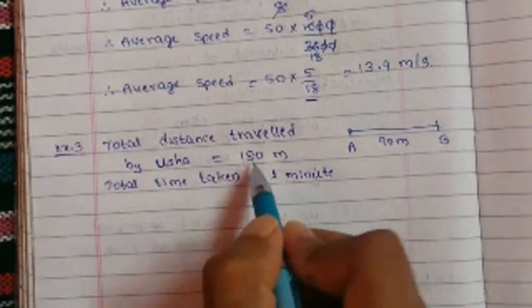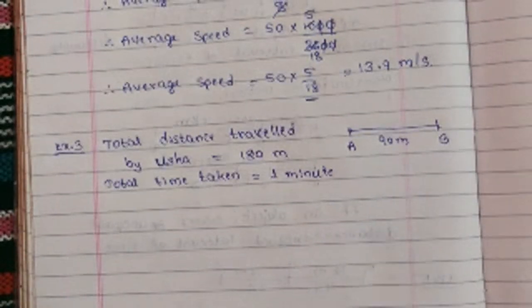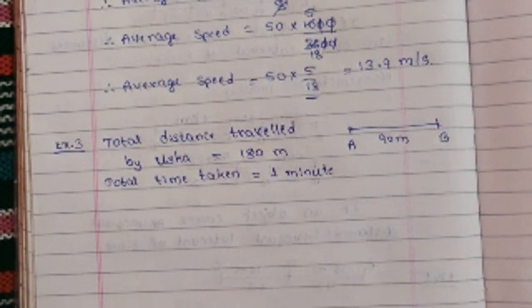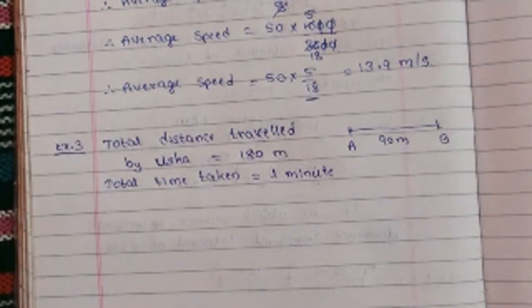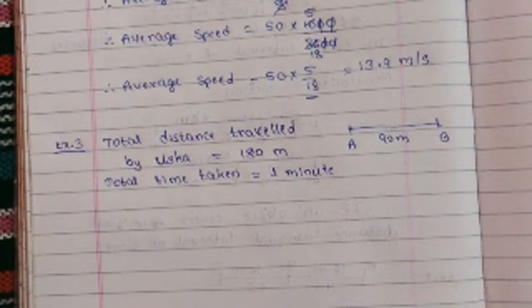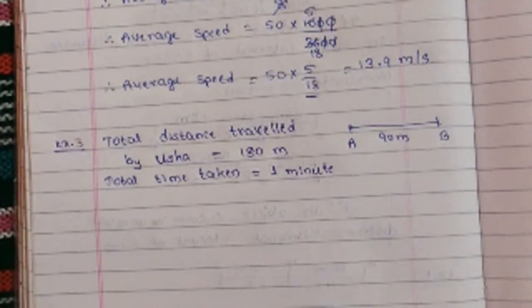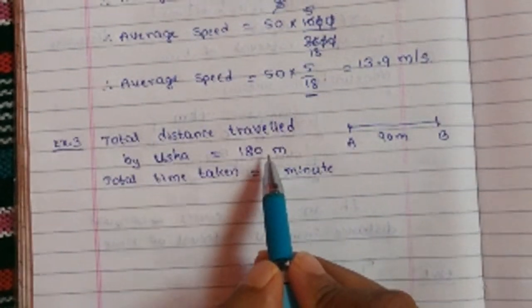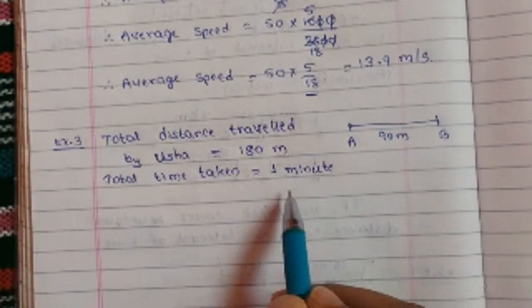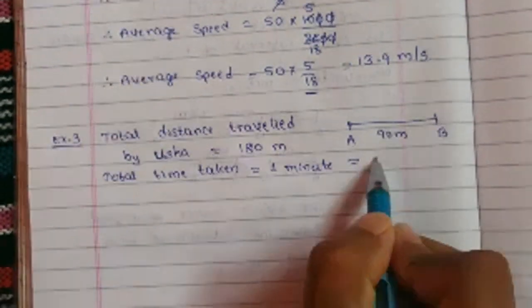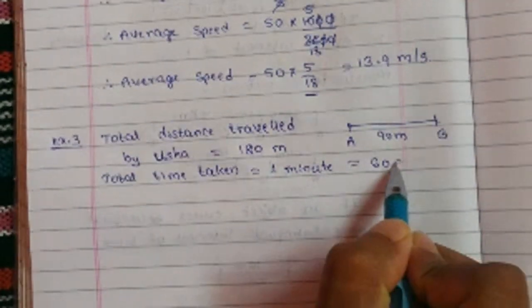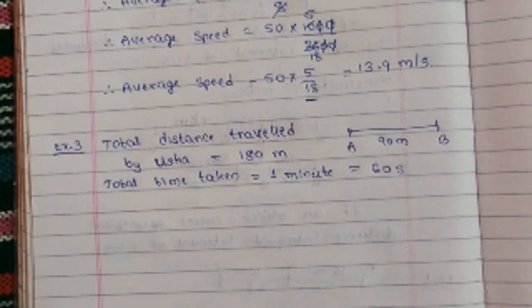If the values are not in terms of SI units, then first we have to convert the values into SI units. Here distance is in meters and time is in minutes, so I will convert the time also into SI unit. 1 minute has 60 seconds.